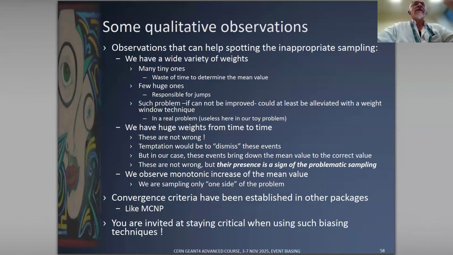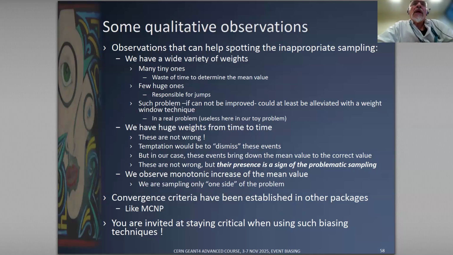So there are several things that are signs of alerts in this sampling problem, in this ill-formed sampling problem. So you see that we have a wide variety of weights. We have many tiny ones, which are in fact simply waste of time to determine the mean value.